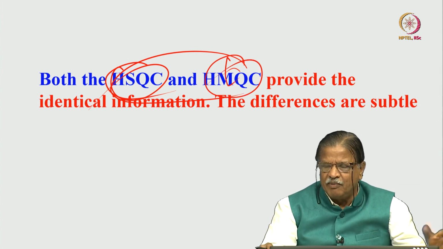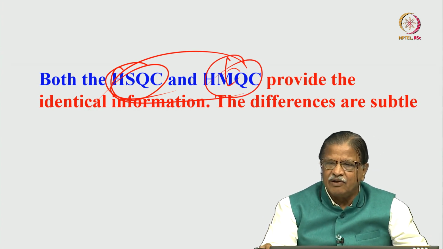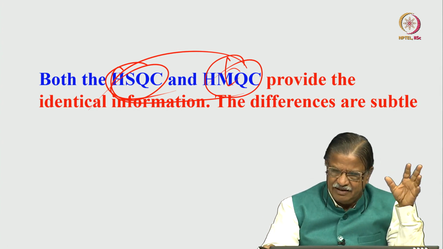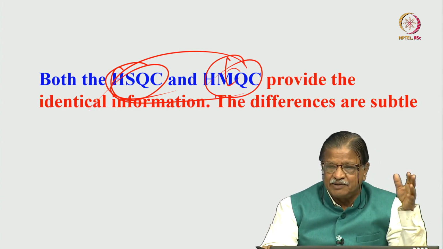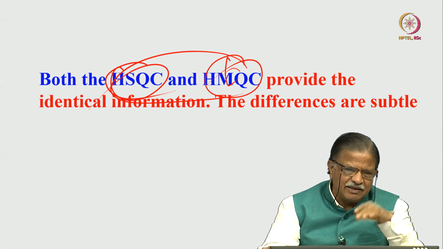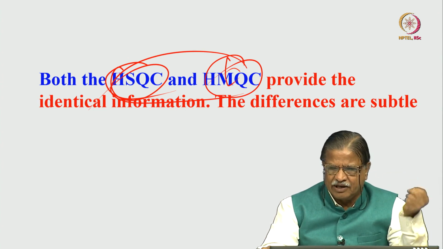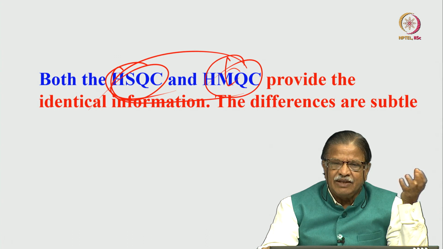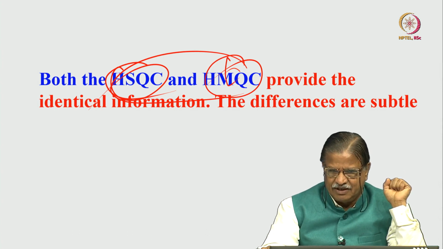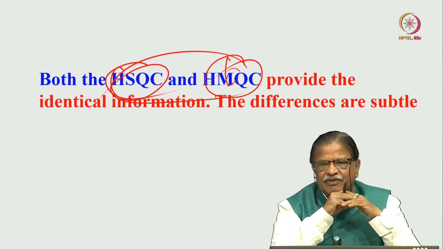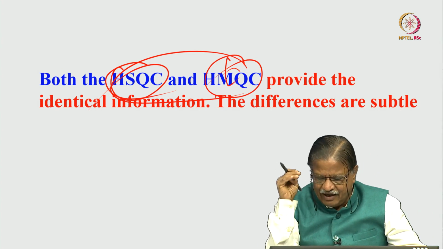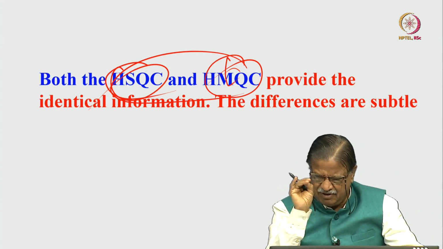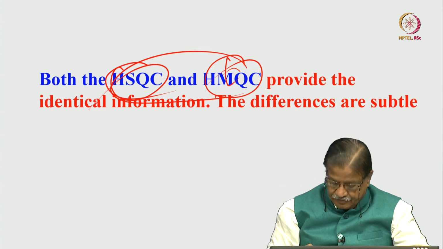Some homonuclear couplings among protons may also evolve. So a small difference is there in the observation. As far as the appearance of the spectrum is concerned, except some couplings like HH coupling, others will also come through. As far as the heteronuclear correlation information is concerned, both of them give identical information. If there are any differences between them, they are only small subtle differences.